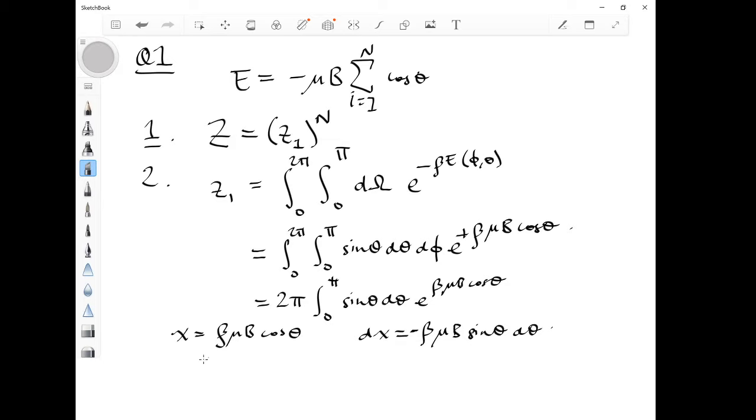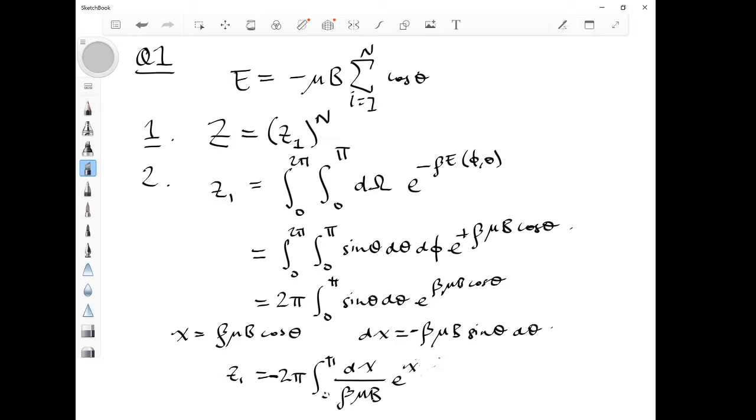If we put this into our partition function, we end up with 2 pi, integral from 0 to pi, and we bring a minus out the front, and we have dx on beta mu b, e to the x.